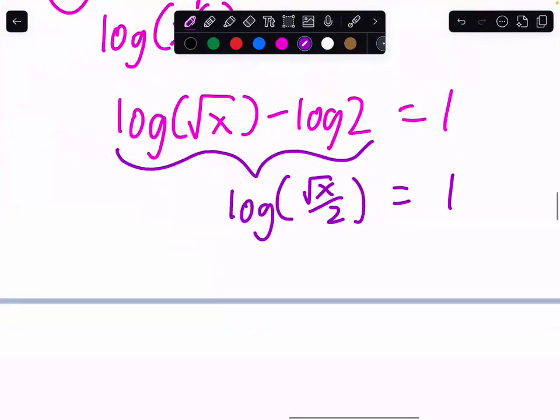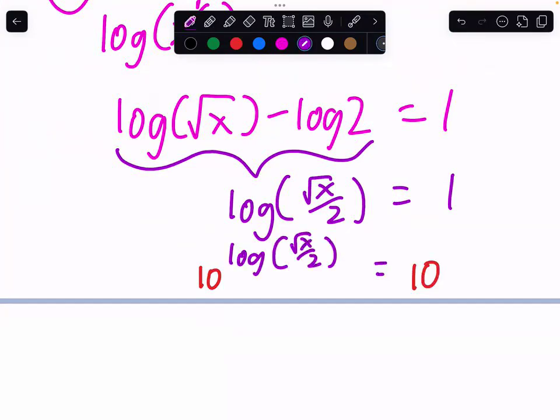Okay, so now that you have a single logarithm, we can try to undo it. Common log is really log base 10, so we do 10 to the power of both sides. On the left side, it cancels out, leaving the radical x over 2 behind.